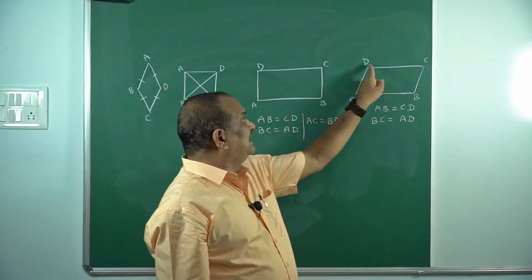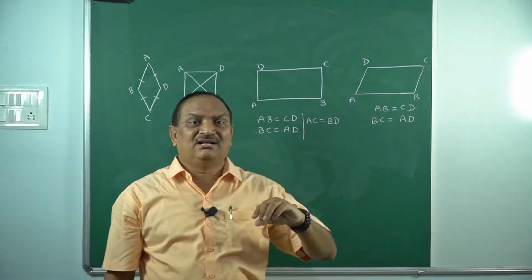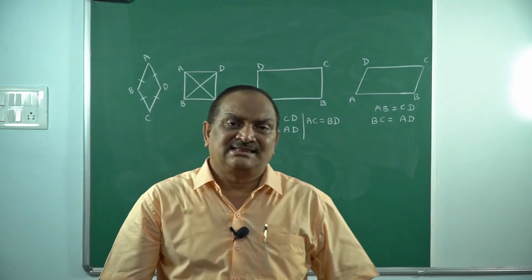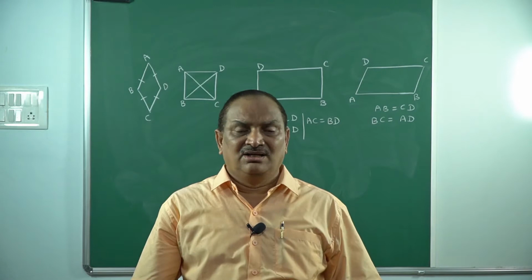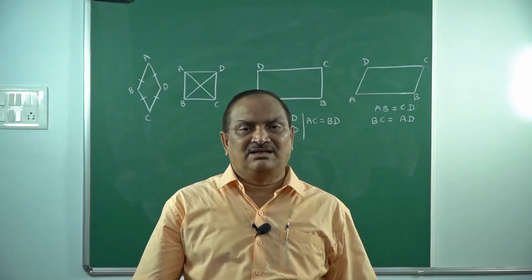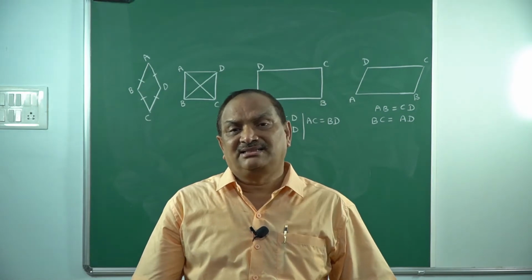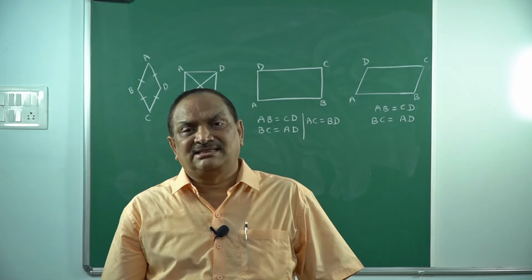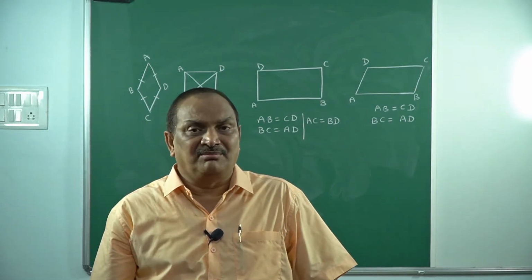So this diagonal and this diagonal may not be equal in a parallelogram. In a parallelogram, opposite sides are equal. Diagonals need not be equal. But in a rectangle, diagonals are also equal. In a square, all the four sides are equal and the diagonals are equal. Whereas in a rhombus, just all the four sides are equal. We don't talk about the diagonals. They may be equal or may not be, of course.